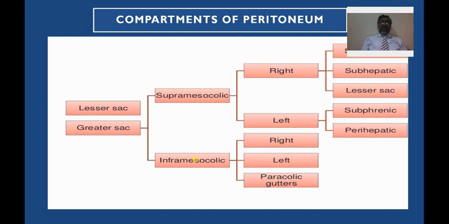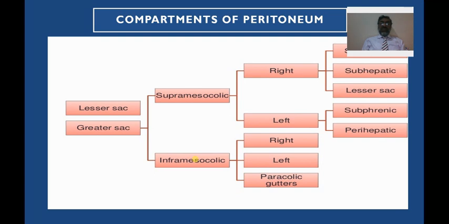We can divide peritoneum into different compartments to ease our understanding. It has two parts. One is greater sac and the other is lesser sac. This greater sac is again divided into two portions.